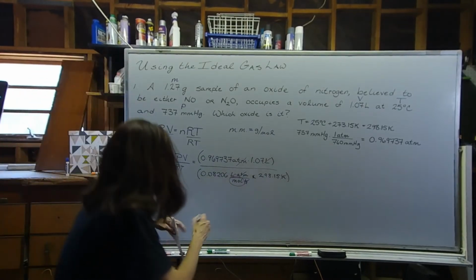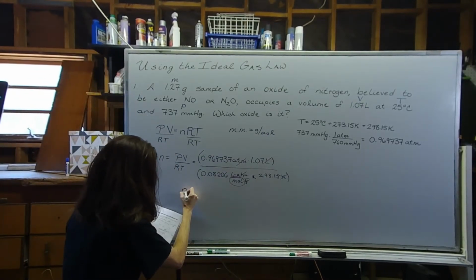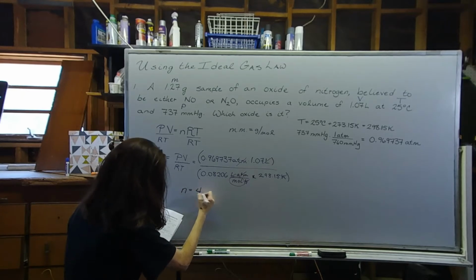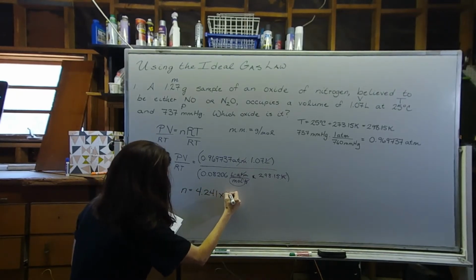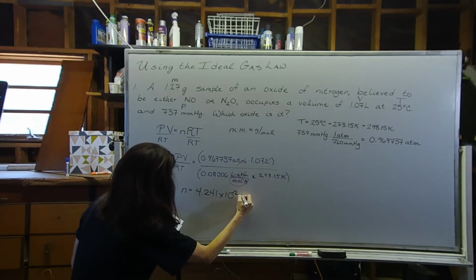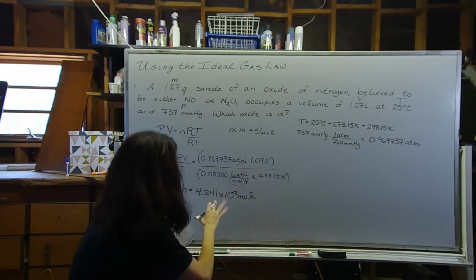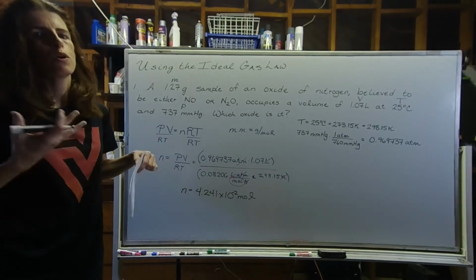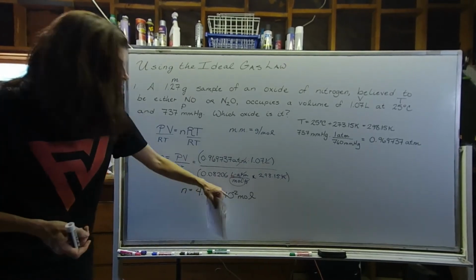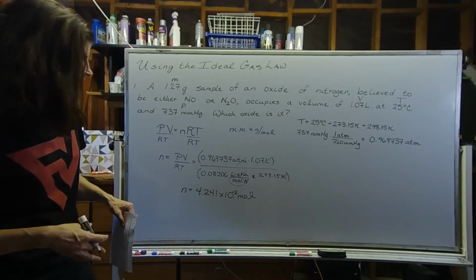When I did this earlier, I got a value of 4.241 times 10 to the negative 2 moles. Kind of cutting it off a little bit there, but I would definitely pull up the longer value in my calculator for this next step.